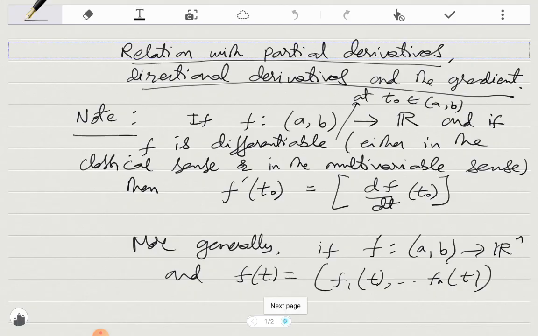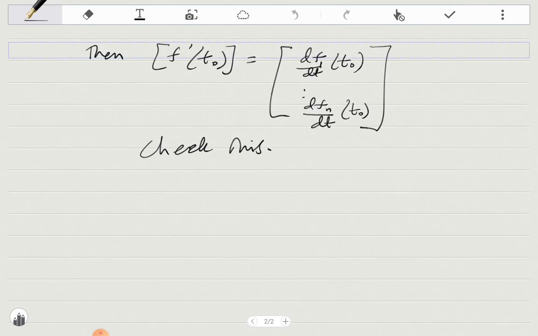Now, interesting things begin to happen when the domain is an open set in Rn. So here's the proposition. Before I do that, let me define this notion of directional derivative.